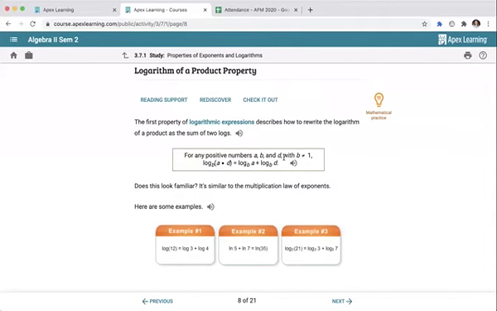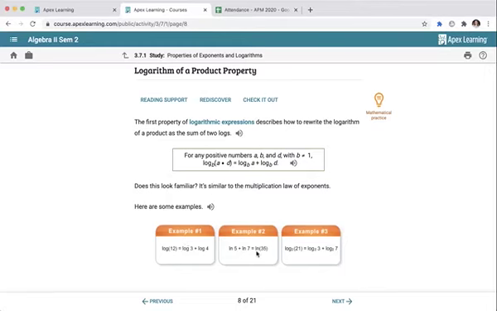So log base b of 12 could be split up into log base b of 3 plus log base b of 4, or since 6 times 2 is also 12, log of 6 plus log of 2. It could give you multiple answers.